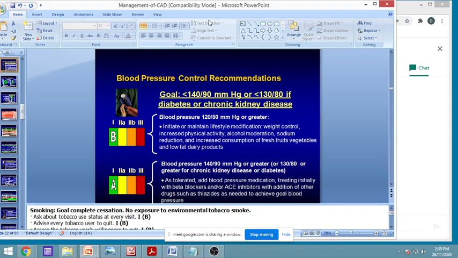Simultaneously, lifestyle modification like weight control, increase in physical activity, alcohol moderation, sodium reduction, increased consumption of fresh fruits, vegetables, and low fat dairy. These are the various ways by which we can control blood pressure.